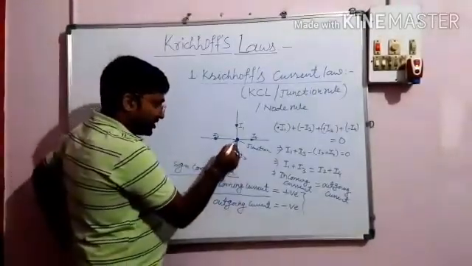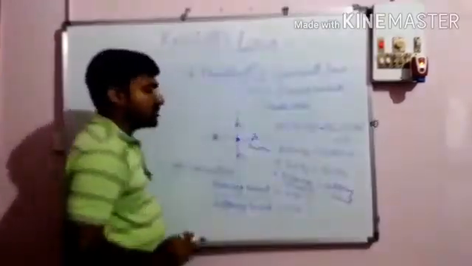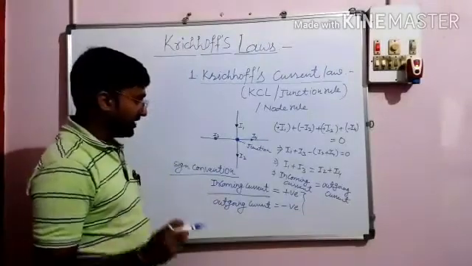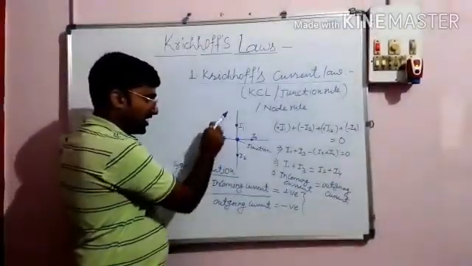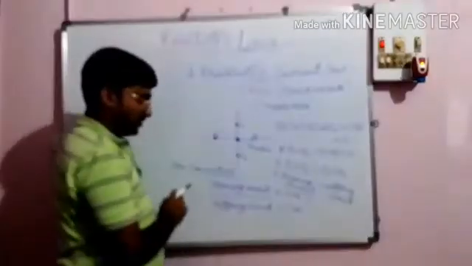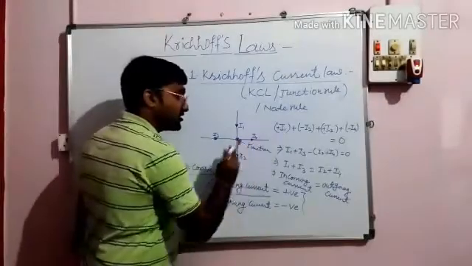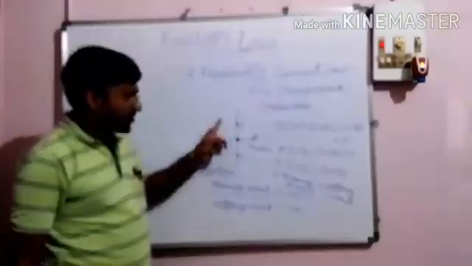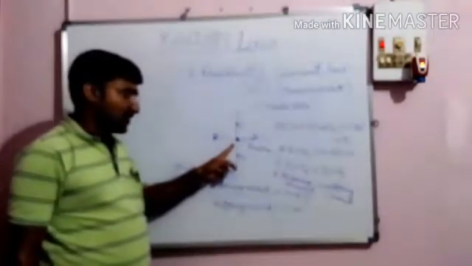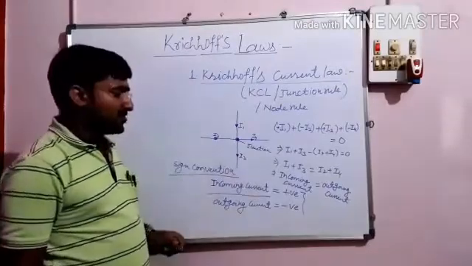This is a point junction. There is no accumulation of charge. Remember that there is no accumulation of charge. The total amount of charge entering at the junction is equal to the total amount of charge leaving the junction at the same time. याद रखना है कि जितना चार्ज, जितना करंट जंक्शन के पास आता है, उतना ही करंट उस जंक्शन से उसी समय वापस भी चला जाता है.